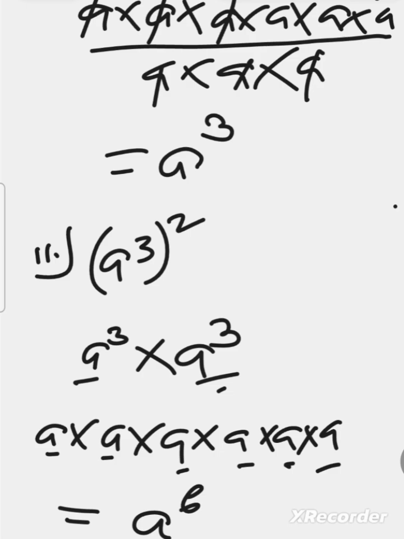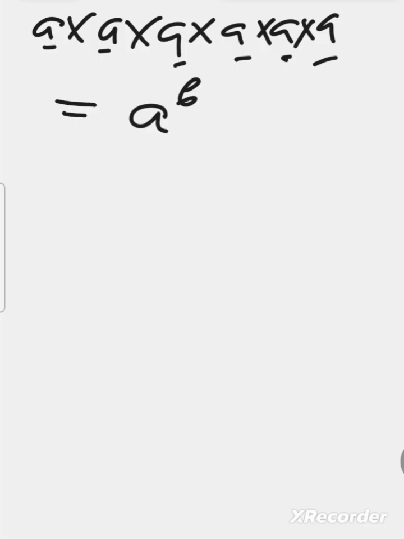So a must be common in this case, and a is our base in the three cases that we have discussed. So I've said from the three examples we can derive the three laws of indices, and let us see how we can derive them.